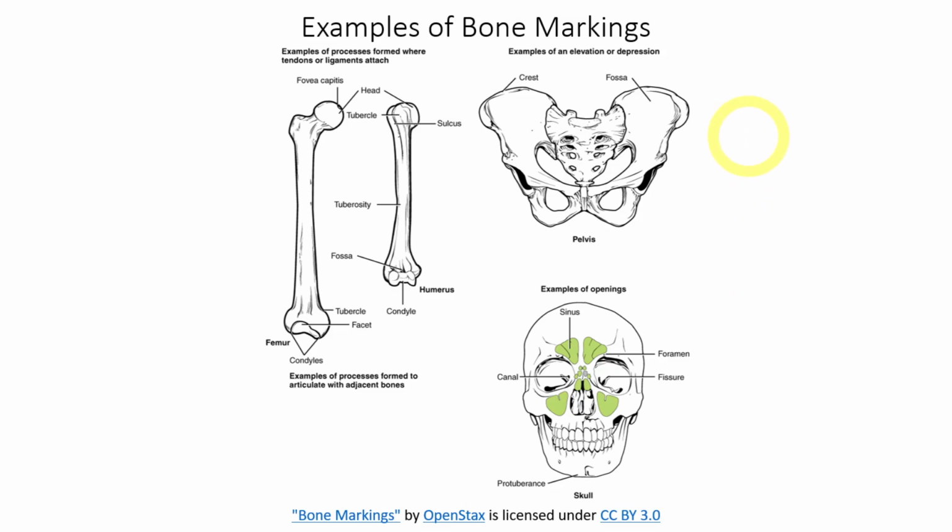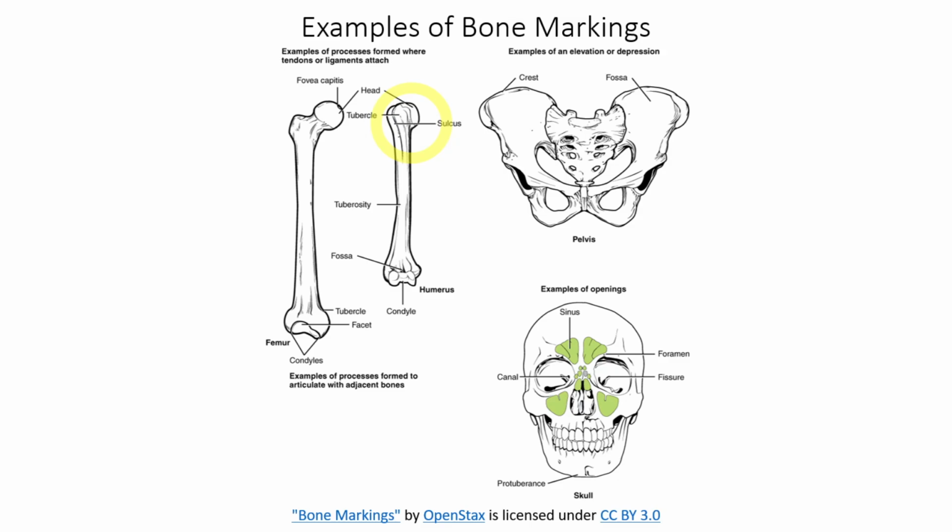Here are some examples, back with the femur, from the top down. There's the head of the femur, and it's like the head of this other bone, the humerus. The humerus is the long bone of the arm. The femur is the long bone of the leg, and both of them are proximal to the torso.